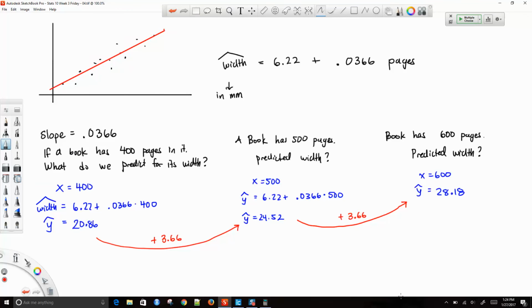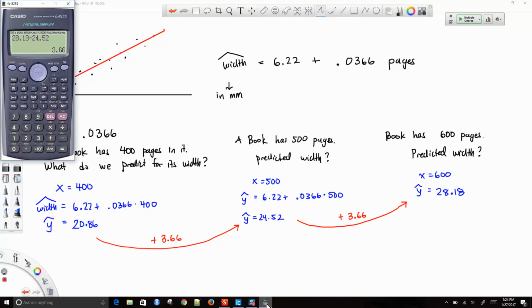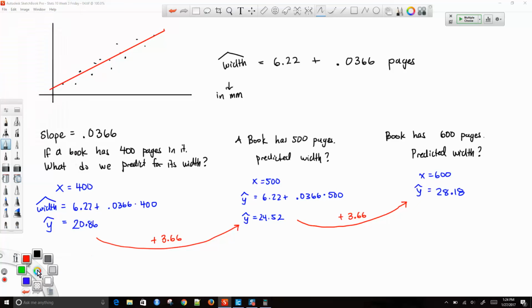Okay, so if the multiplication button on your calculator was broken and I said, can you give me a prediction for a book with 700 pages? You would tell me that book would be what? So its predicted width would be, we could just take 28.18 and add another 3.66, right?